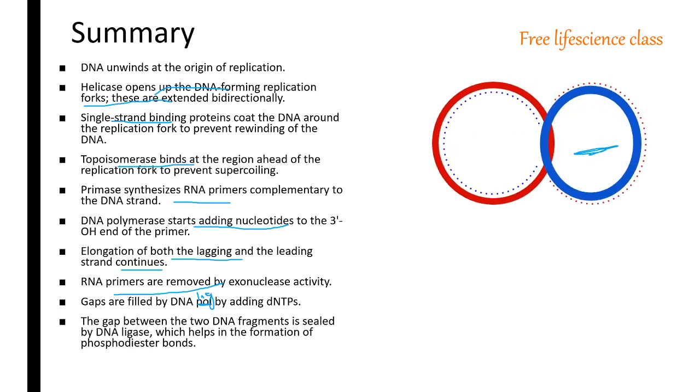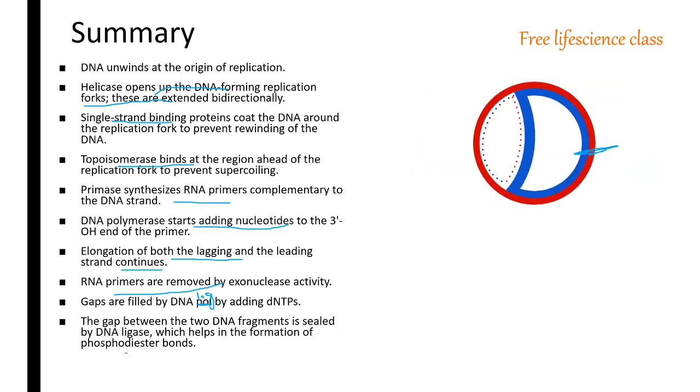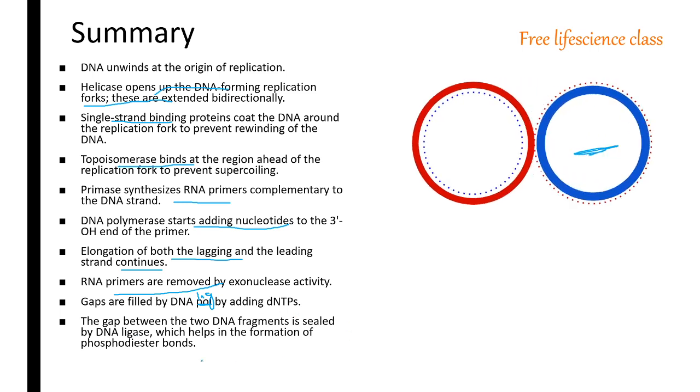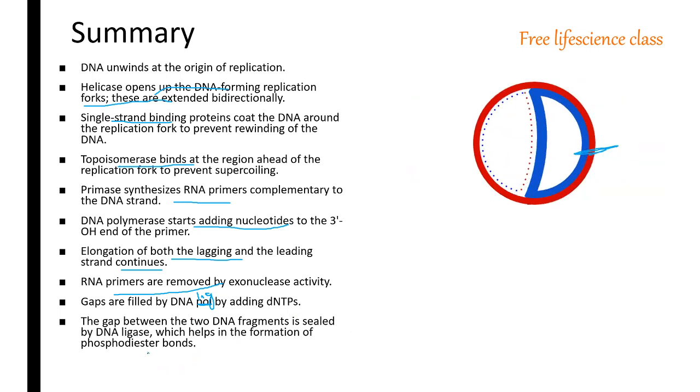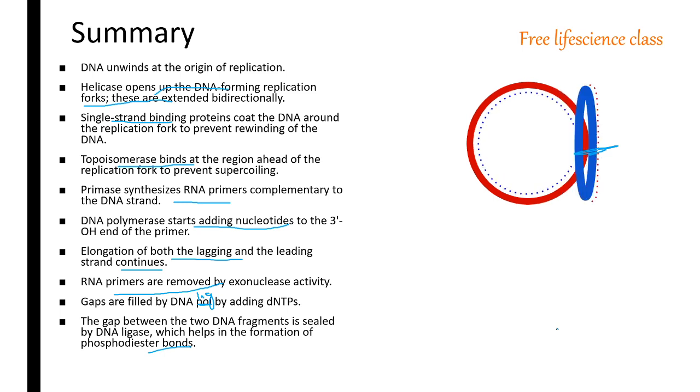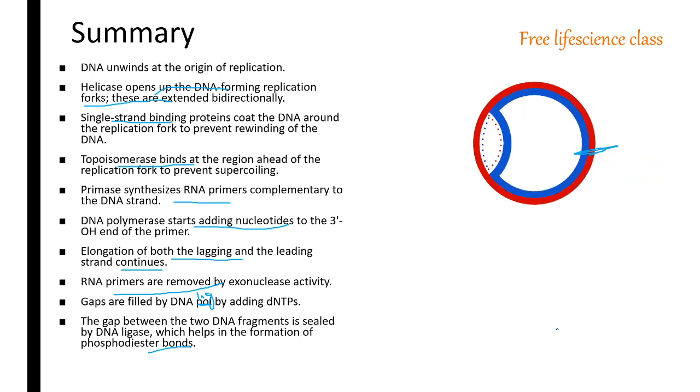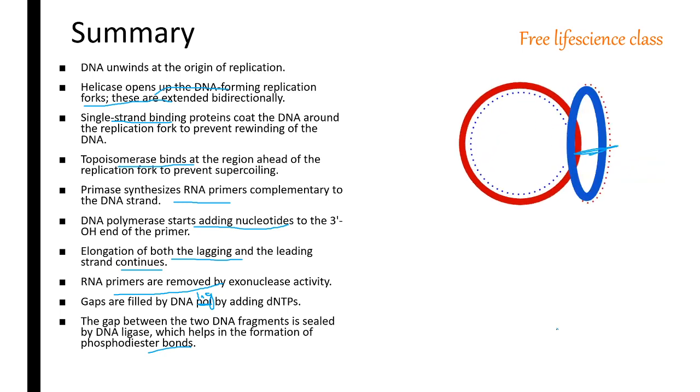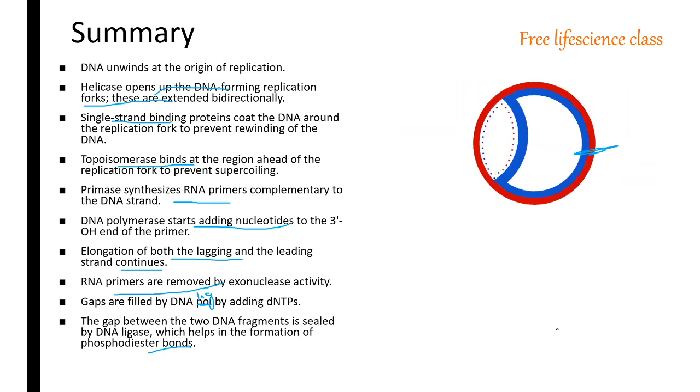Then the gap between the two DNA fragments is sealed by DNA ligase, which helps in the formation of the phosphodiester bond. After that, two new different DNA molecules are synthesized. And the removal of the new strand from the old one is done with the help of topoisomerase. Okay, so we have completed DNA replication in prokaryotes.